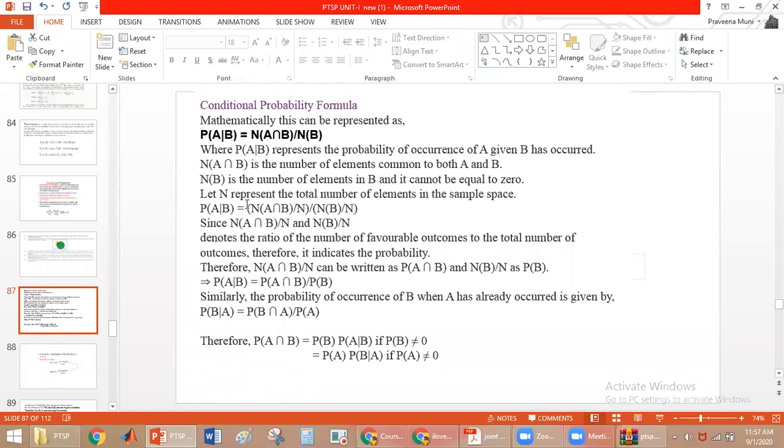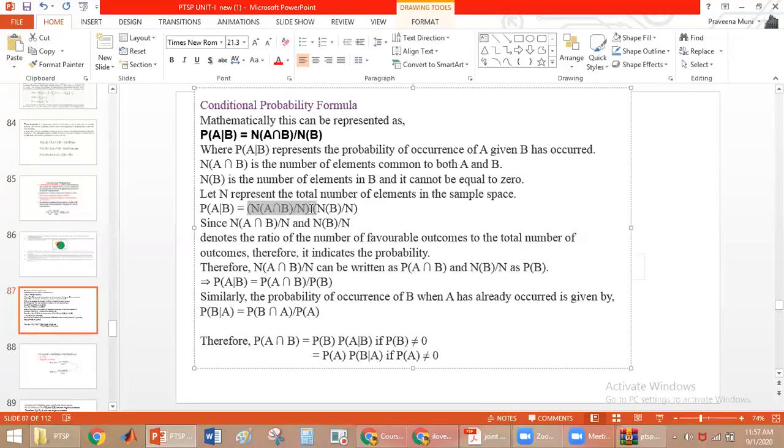What is this numerator? It gives us probability of A intersection B. This denominator gives us probability of B. So number of elements in A intersection B by N, and number of elements in B divided by N, denote the ratio of number of favorable outcomes to the total number of outcomes.